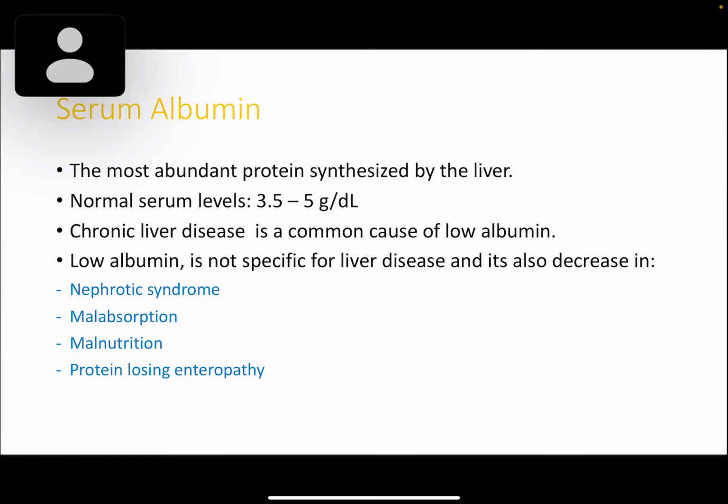Another important element that can help us assess the liver synthetic function is the measurement of serum albumin. Albumin is mainly formed by the liver, and normally it ranges from 3.5 up to 5 grams per deciliter, or 35 to 50 grams per liter.